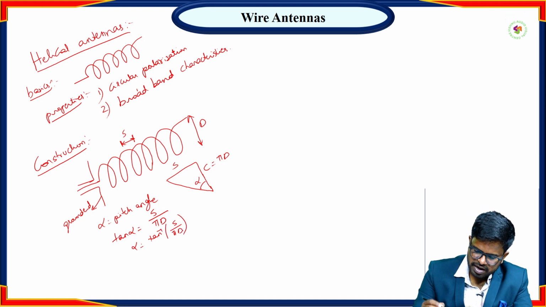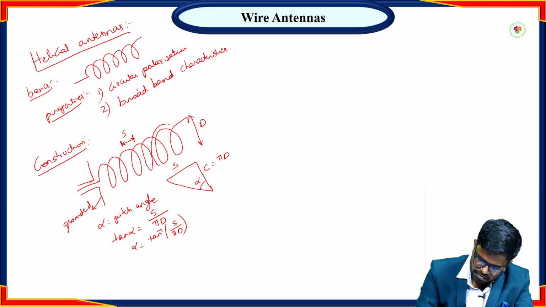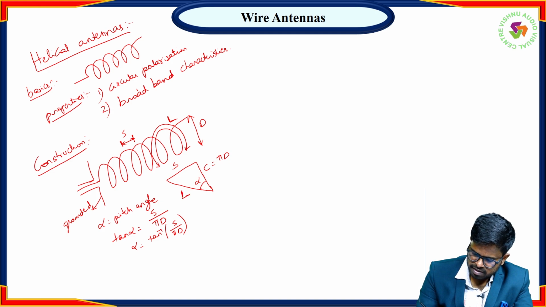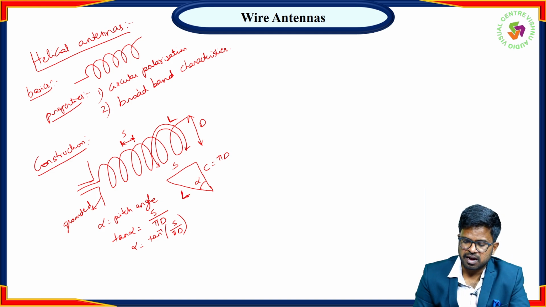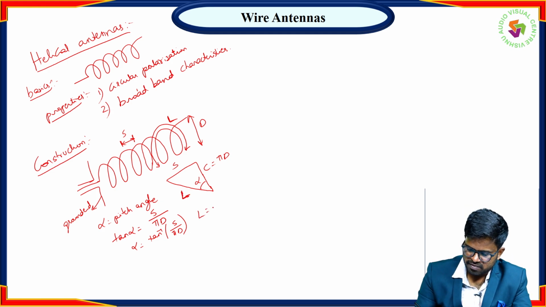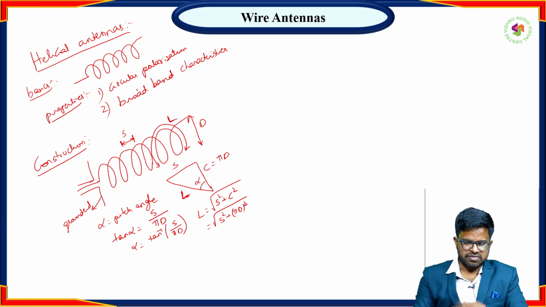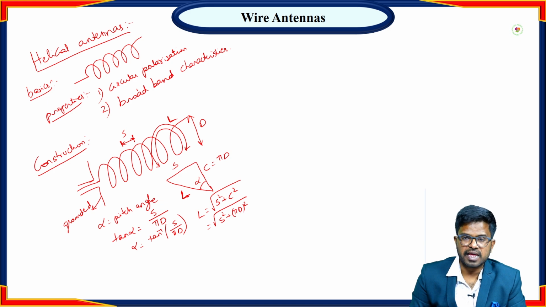And one complete turn is taken as L. From the Pythagoras theorem, L equals the square root of S squared plus C squared, or S squared plus (pi d) whole squared.